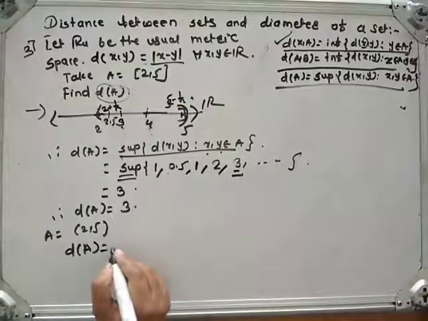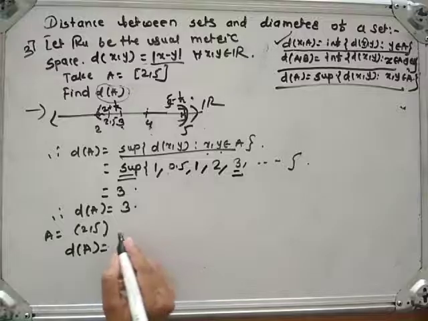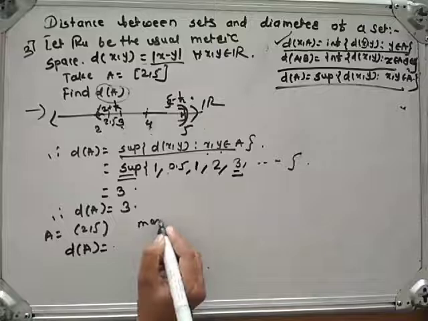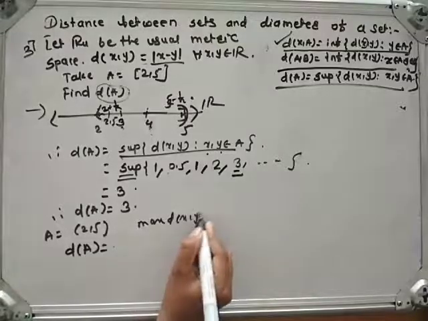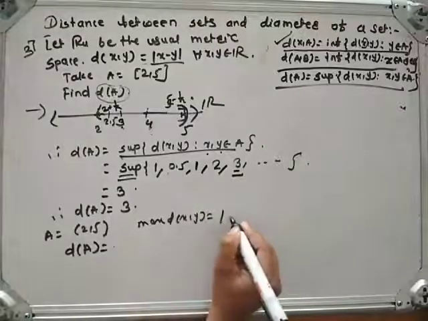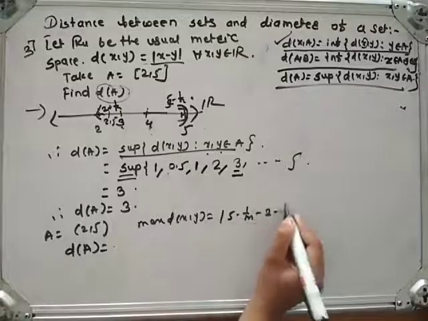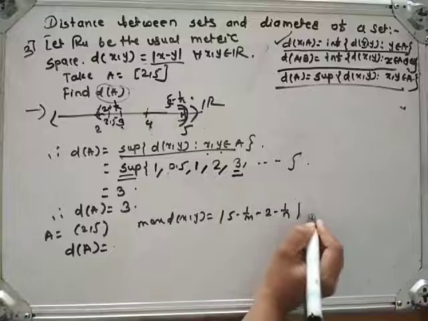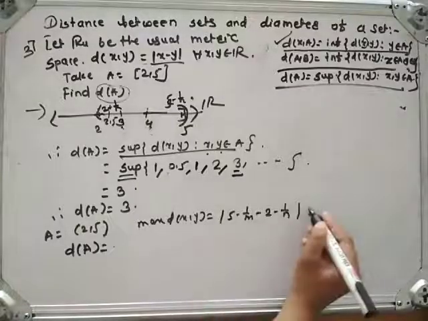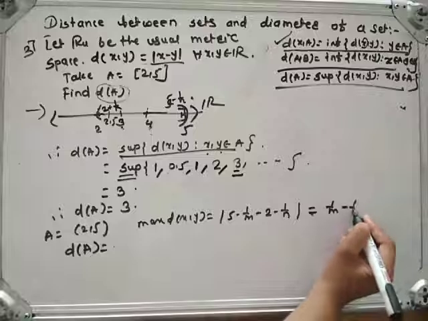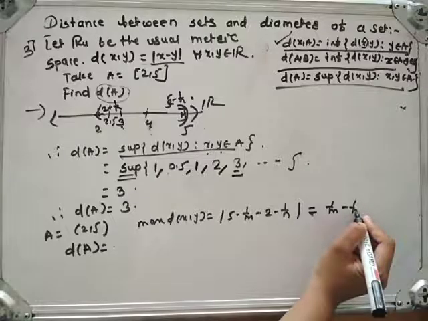Then obviously the supremum of d(x, y) is 5 minus 1 by m minus 2 minus 1 by n, which is nothing but 3 minus 1 by m minus 1 by n.